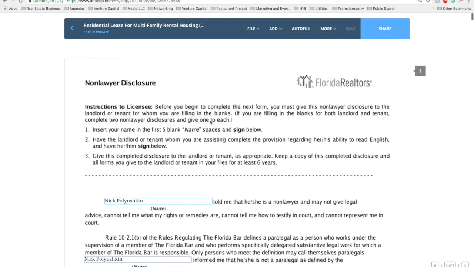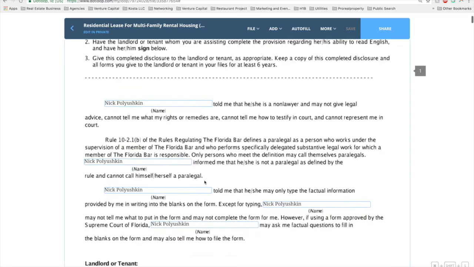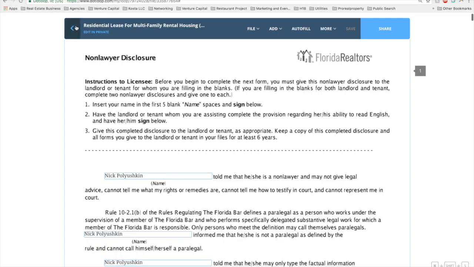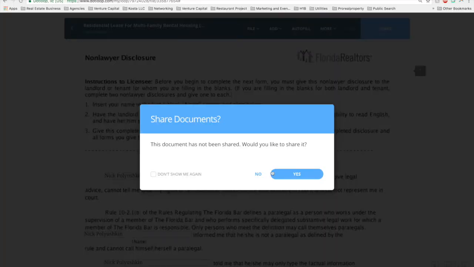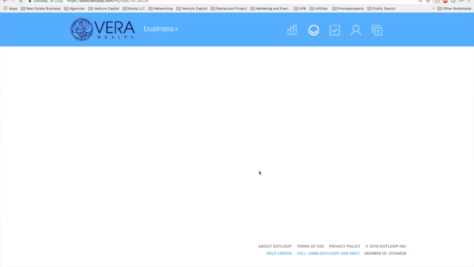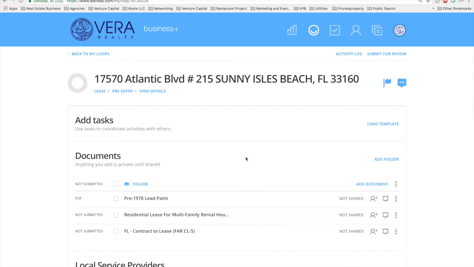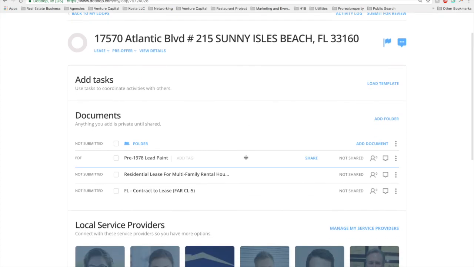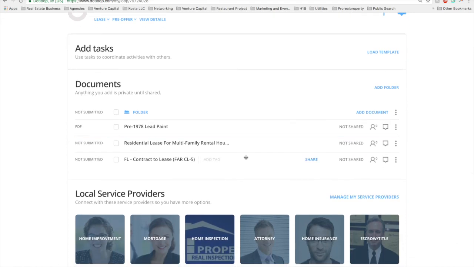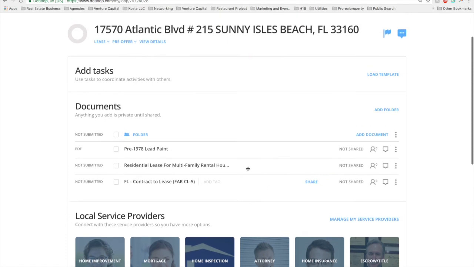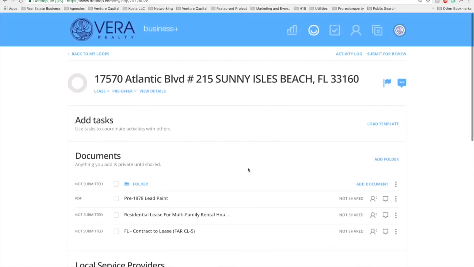When John signs, you will get a notification that John signed, and then you can send it to the listing agent Olga, and she will share it with her client, the landlord, who will review the contract and sign it as well. And after that, that means the lease agreement is fully signed, and the tenant and landlord can move on with the lease.